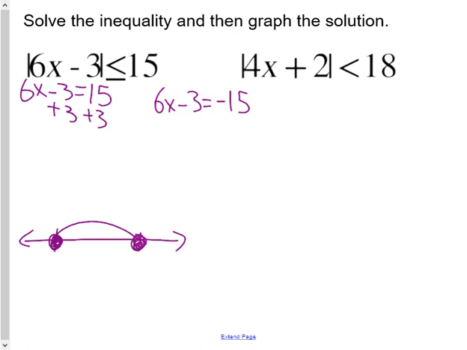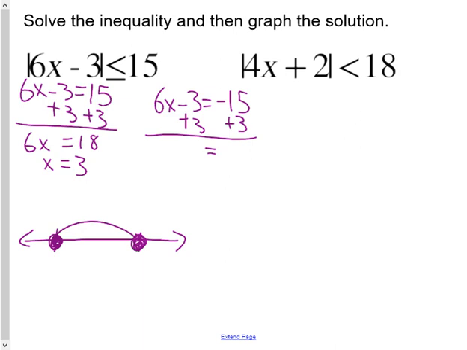Adding 3 to both sides, 6x is 18, and x will be 3. And then plus 3 to both sides. Negative 15 plus 3, I'm at negative 12. 12 divided by 6 is 2, and we got a negative. Negative 2 is less than 3. So negative 2, 3.